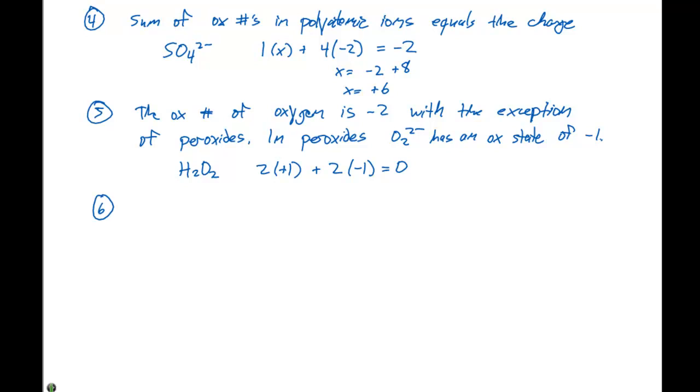Rule number 6 is the oxidation number of hydrogen is +1, except when it is combined with a metal.